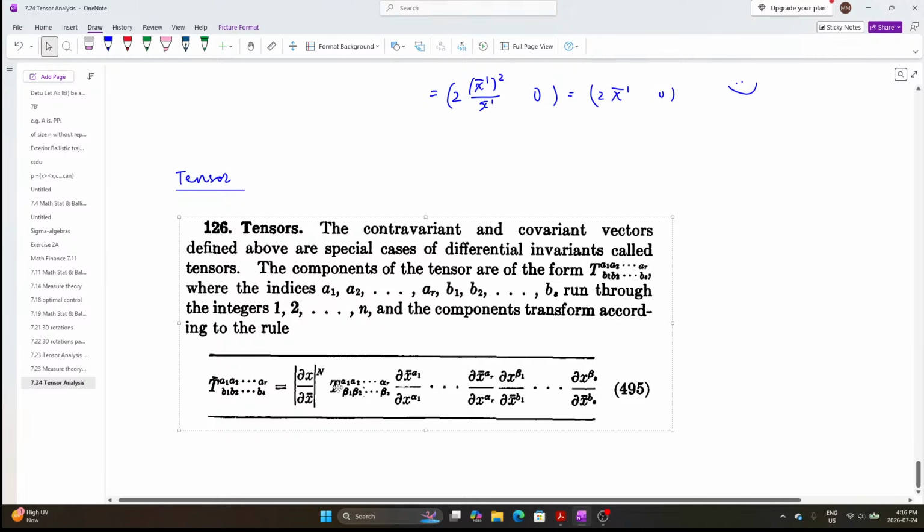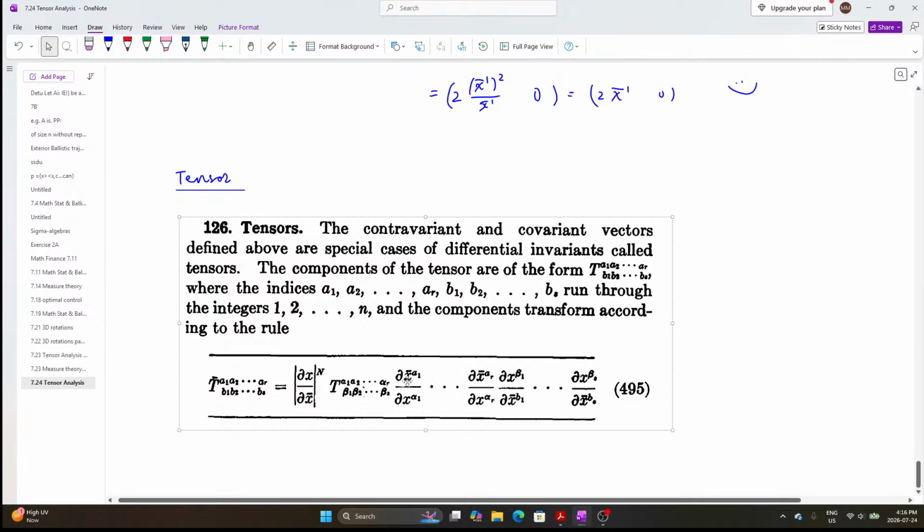Sorry, these should be alphas because there's a summation involved; the A and B are free indices. Those are the old components, and then we multiply by what? It looks like there are a total of R forward Jacobians.